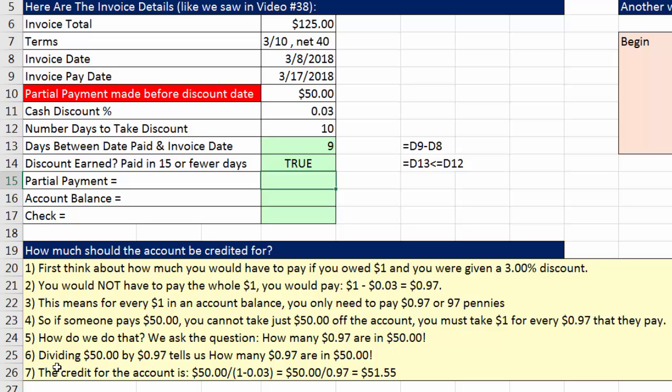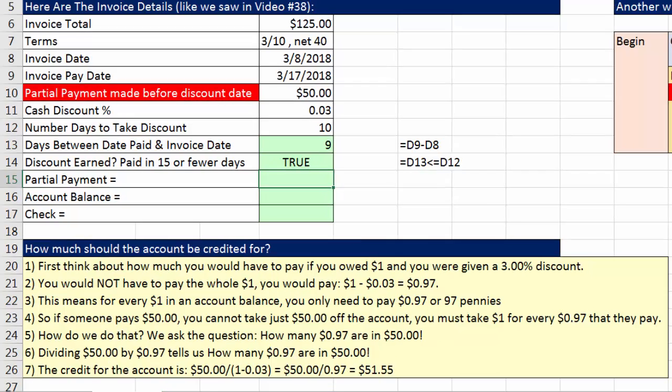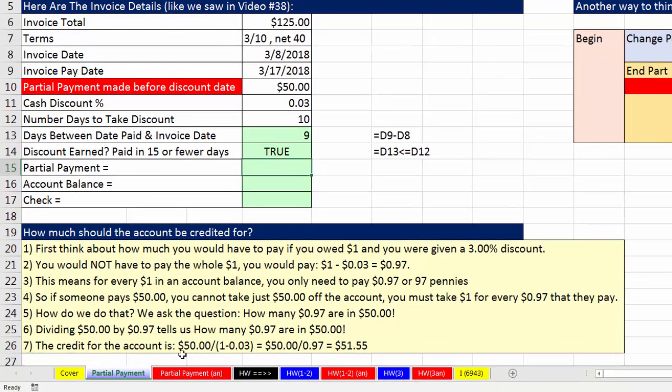And of course, dividing 50 by 97 tells us how many 97s are in 50. So this is the calculation. This is how we credit the account. We take 50 divided by 1 minus 3 pennies, which gives us 50 divided by 97, and we get $51.55.